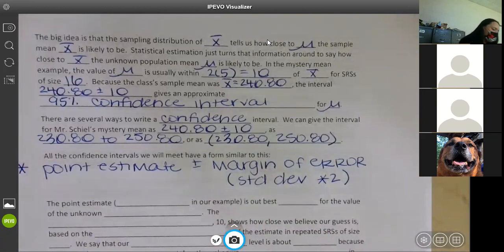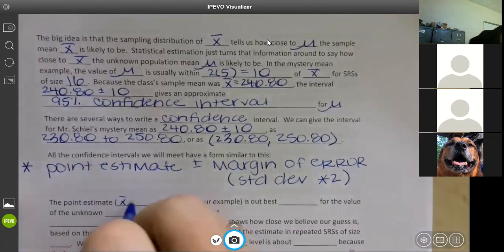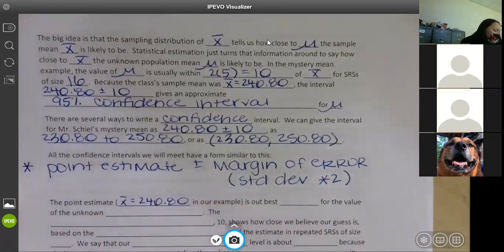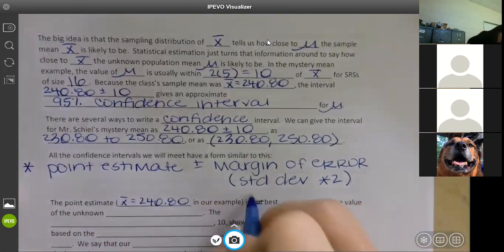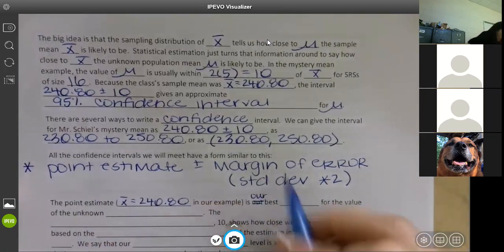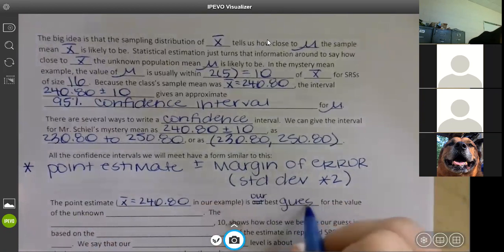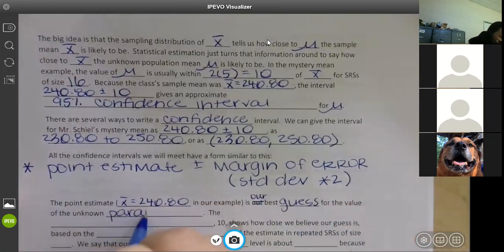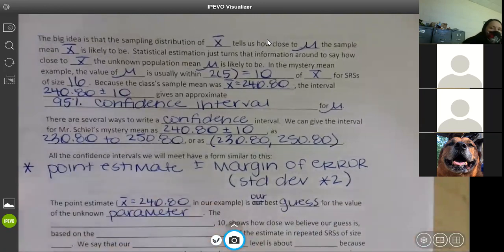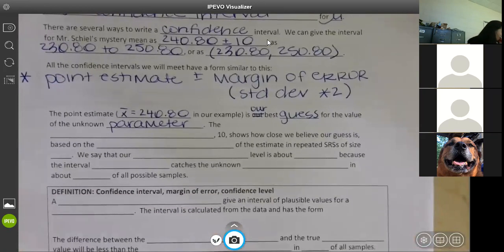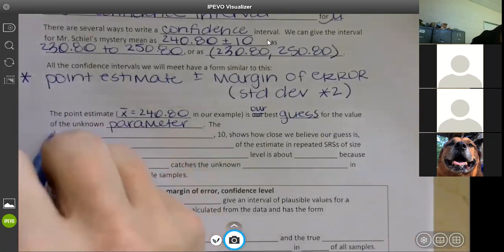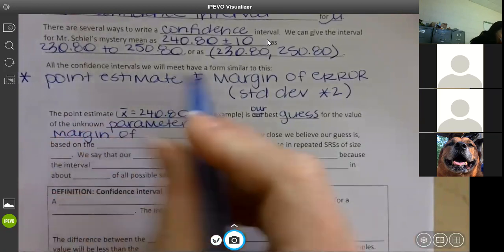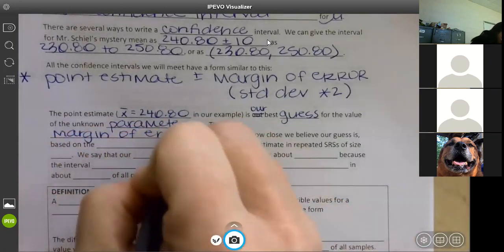All right, the point estimate, x bar equals 240.80, in our example is our best guess for the value of the unknown parameter. The margin of error, which was 10 in our case a minute ago. How did we get that? 2 times the standard deviation.